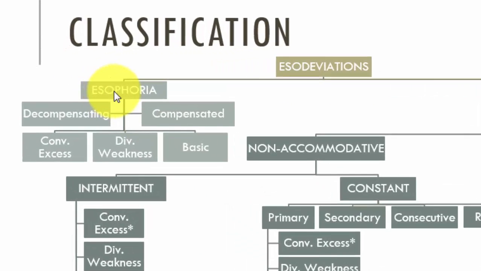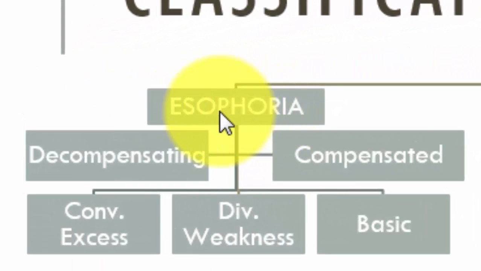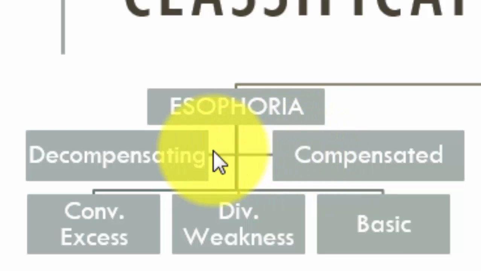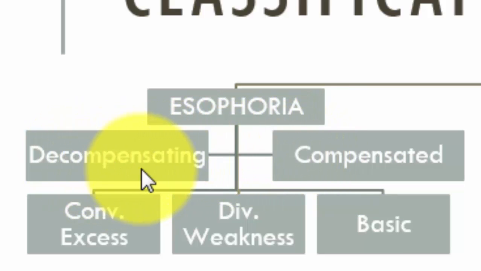Commencing with the esophoria, as with the exophorias we've discussed, the patient will either have a compensated esophoria, so one with rapid recovery or good recovery, or a patient might have a decompensating esophoria, in which case they're losing control of that esodeviation or the esophoria, and generally they'll present with symptoms because of the decompensation of the latent deviation.